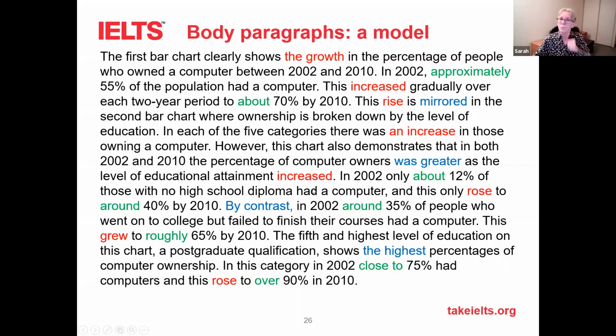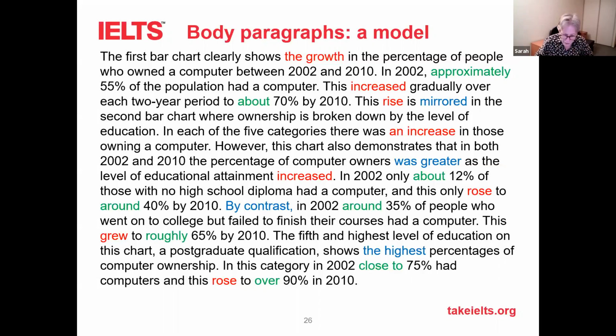Okay, so you can see that in actual fact, for the first bar chart, we've only really got 3 sentences about it, because there's not a huge amount to actually report on. But there's a great deal more to report on when you've got these 5 different levels of education, and that's where the bulk is. And this is a pattern that's very often true of this type of question.